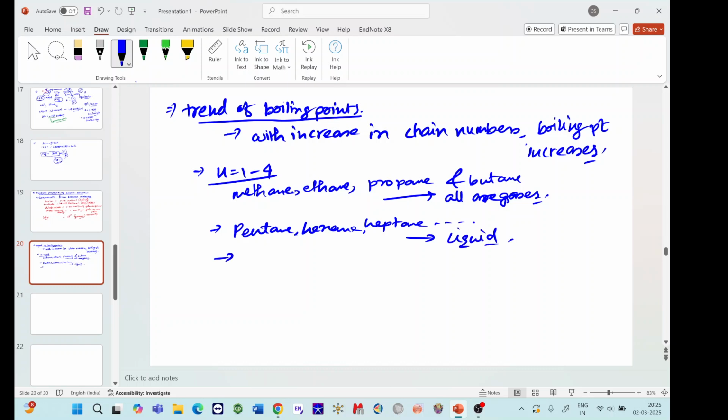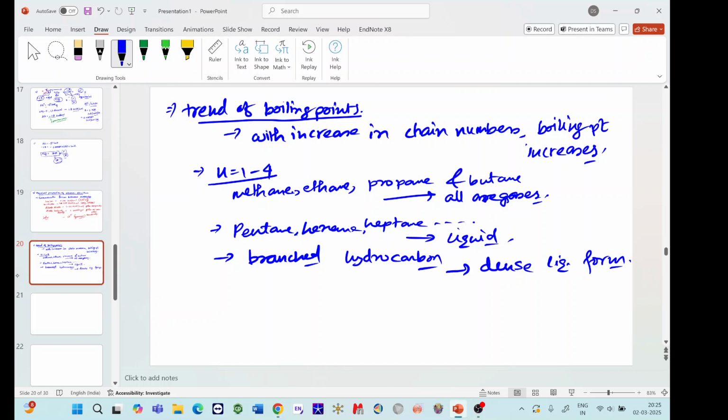Even if you have some branching, a branched hydrocarbon will have a very dense liquid form due to its intermolecular forces of interaction.